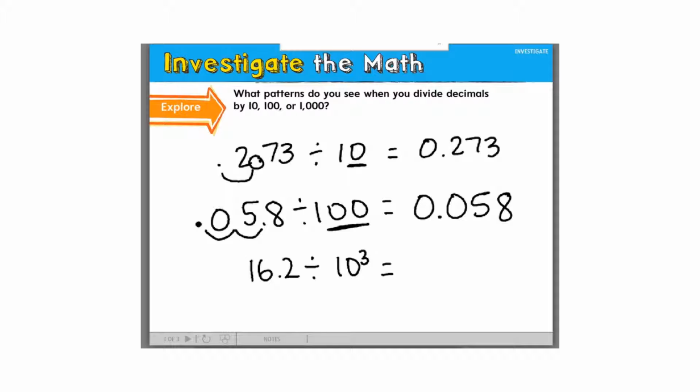So you're either looking at how many zeros the number has on it, or you're looking at the exponent if it has an exponent. So this is what you do. 1, 2, 3. The spaces that I've created would be filled with a 0. So there's my answer.